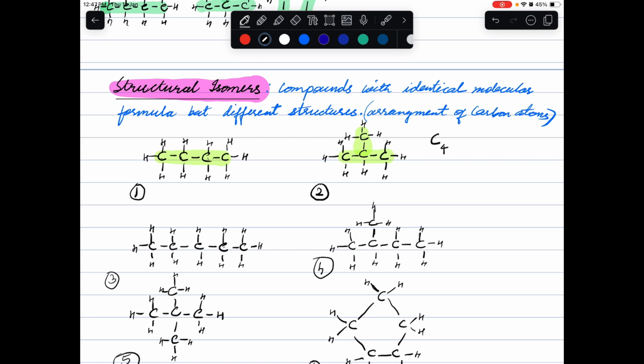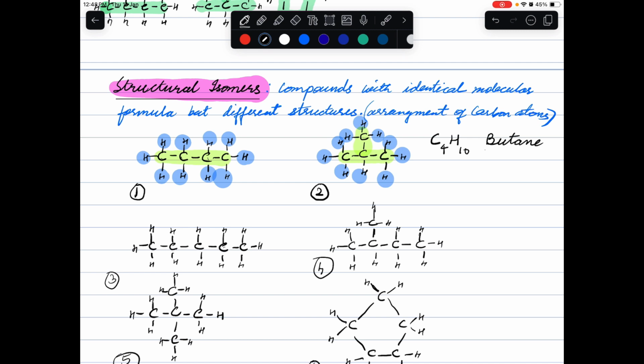And if we count the number of hydrogen atoms in both cases: 1, 2, 3, 4, 5, 6, 7, 8, 9, 10, and here also 1, 2, 3, 4, 5, 6, 7, 8, 9, 10. So in both cases, hydrogen atoms are 10. This compound is named butane.